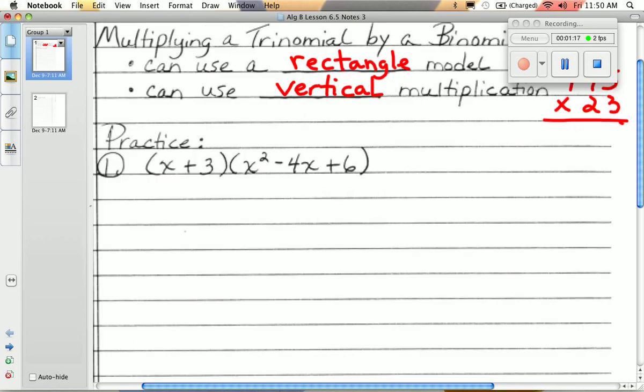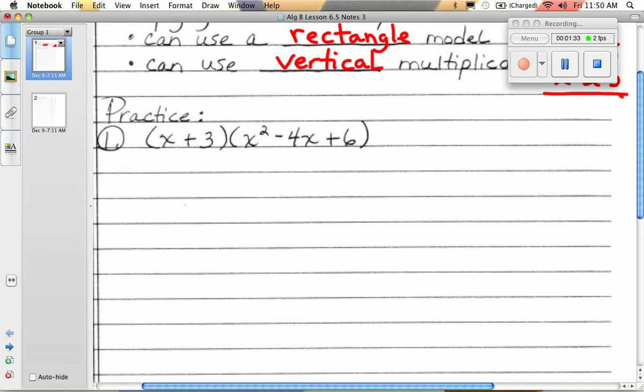Tell me, how do we find the area of a rectangle? Length times width. So we have to take whatever the length is and multiply it by whatever the width is. And so what we're going to do is draw one big rectangle that's going to have lots of small rectangles in it. When we are taking this binomial times that trinomial, we're really finding the area of a rectangle.